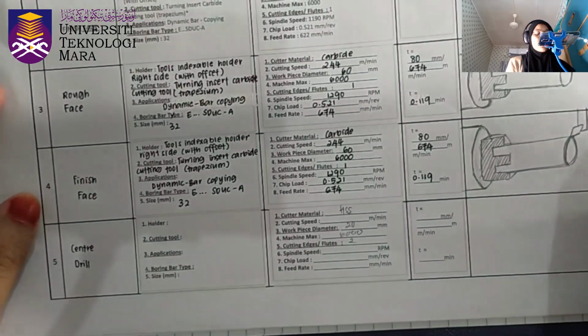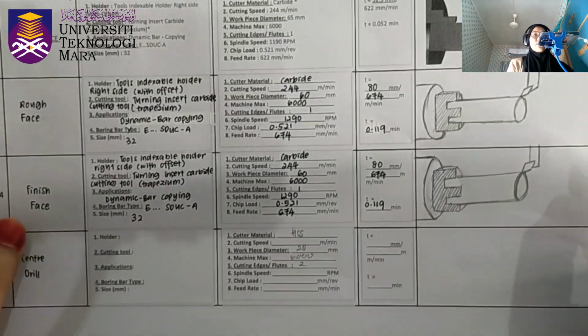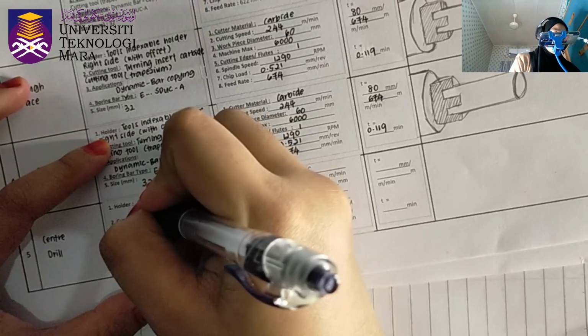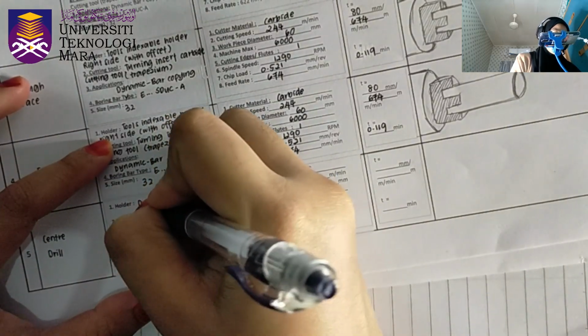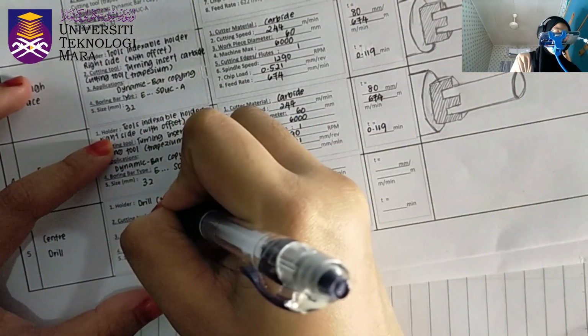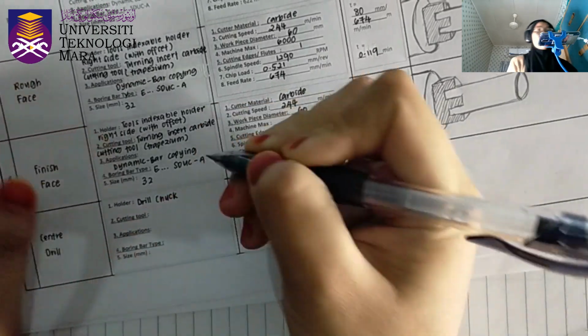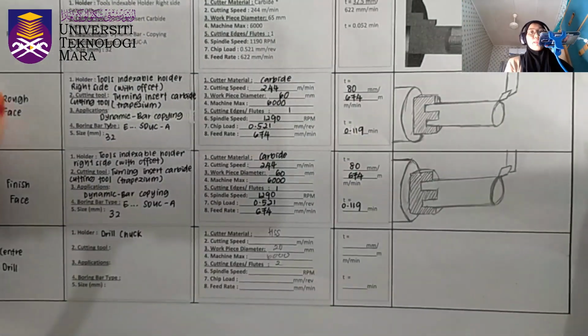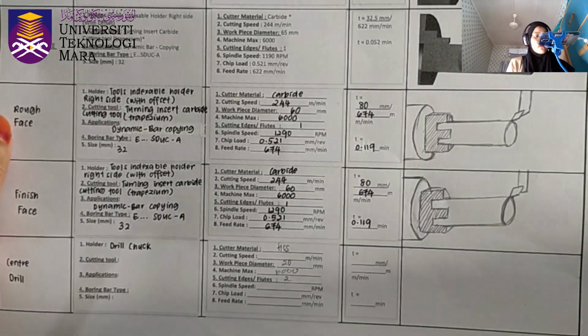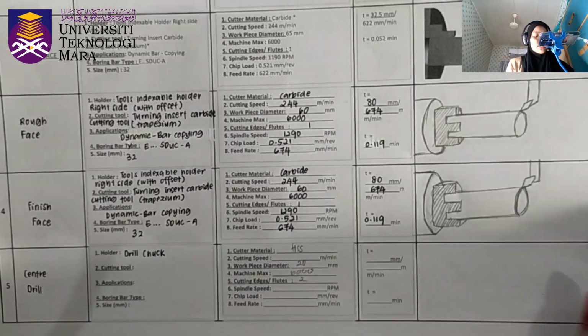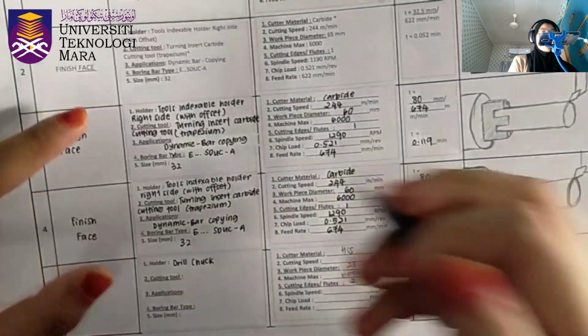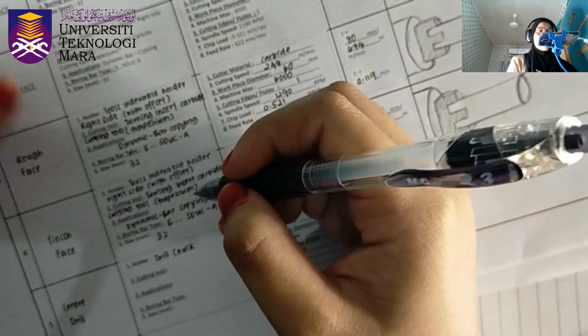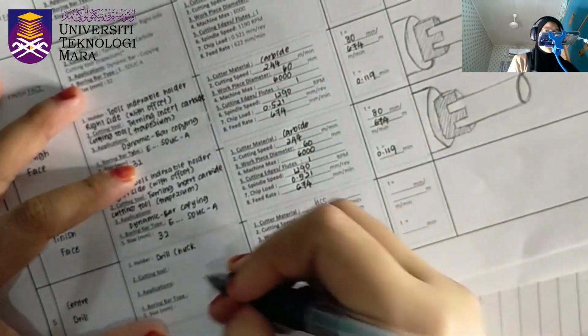So the holder of the center drill is drill chuck. The cutting tool of the machining process is center bit drill countersunk SS.